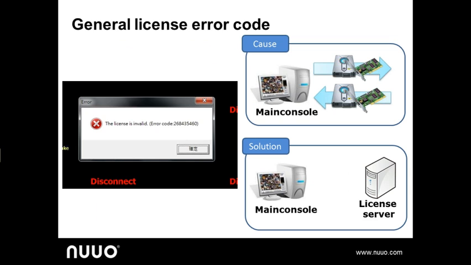It is because the main console checks whether the hardware ID of the PC is the same as the original ID. On the other hand, we don't recommend installing the OS on a RAID configuration since the main console cannot get the correct ID. To solve this issue, please transfer all of the main console licenses first, then activate them again. Then this issue should be resolved.